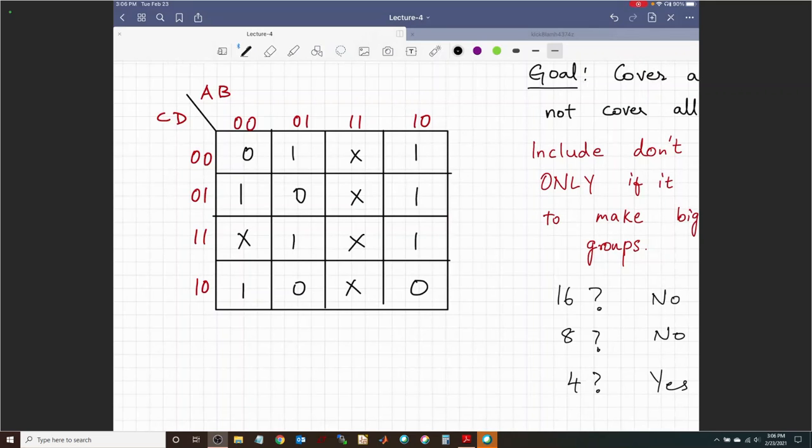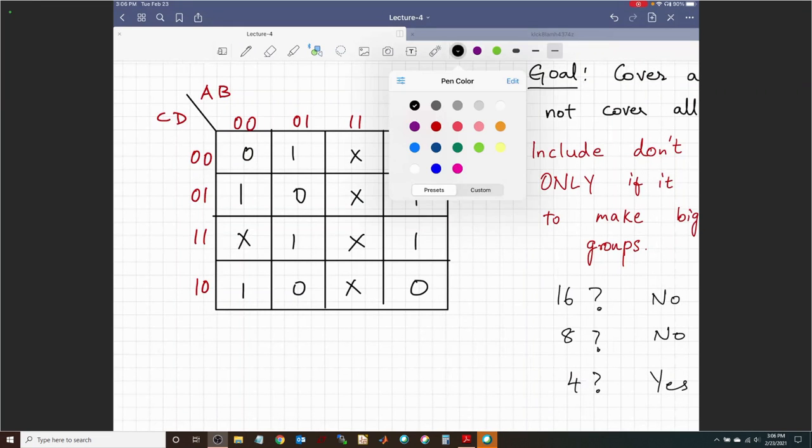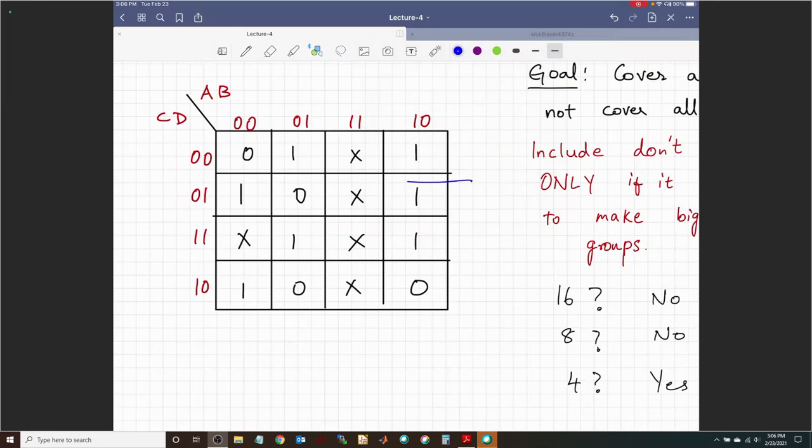The first thing that I would notice is the horizontal edge. So right here, I've got these 2 guys and those 2 guys. That's going to be my first group. Then I'm going to look at this particular one and try to make as big a group as possible. It looks like I can do all of those. So that's going to be my second group.